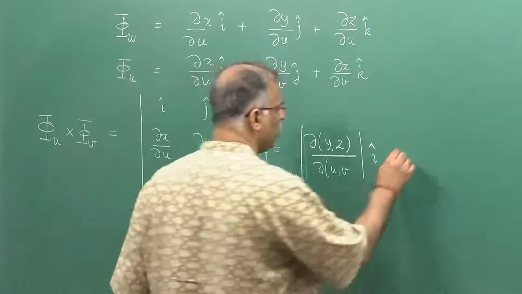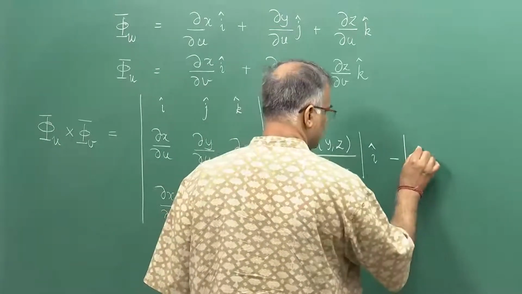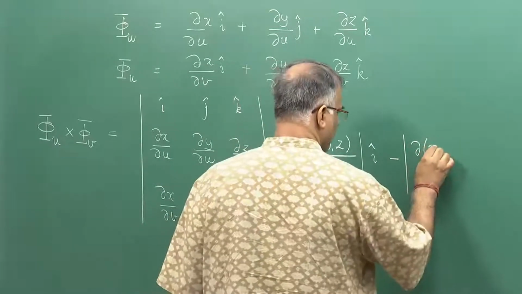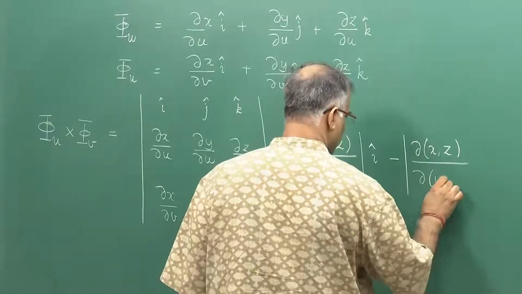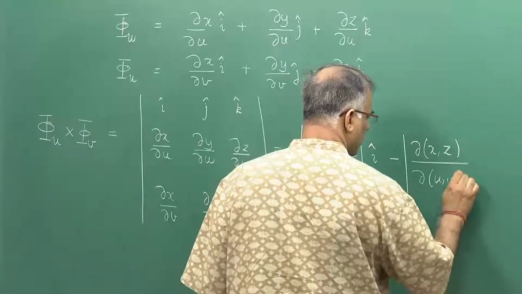It is again the Jacobian of the transformation which you have learnt in change of variables. It is del(x,z) by del(u,v), a determinant.